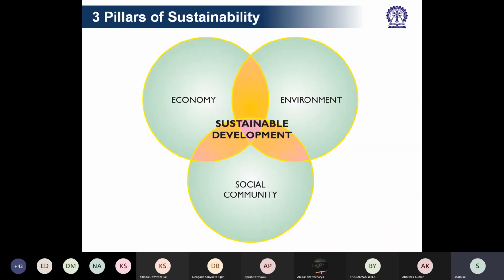Now, from the definition of sustainable development, you can understand that the essence of the concept implies a balance between three pillars of sustainability. That is environmental sustainability, which is focused on maintaining the quality of the environment, which is necessary for conducting economic activities and quality of life of people.